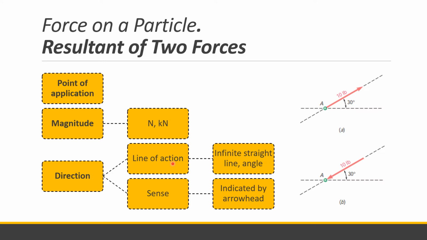So the only difference between the two forces acting on this particle A is the sense of the force. So with that said, the effect will be totally opposite yung effect nila.